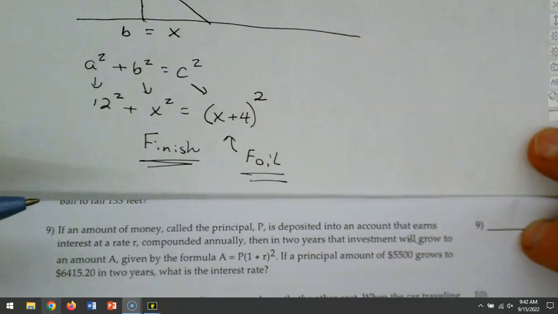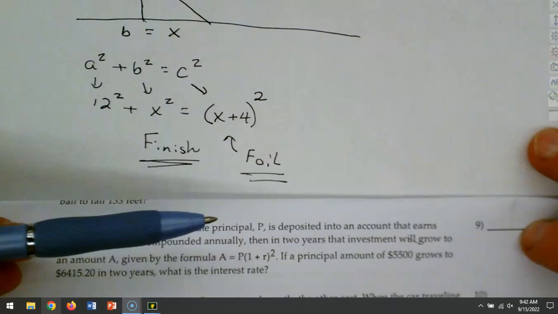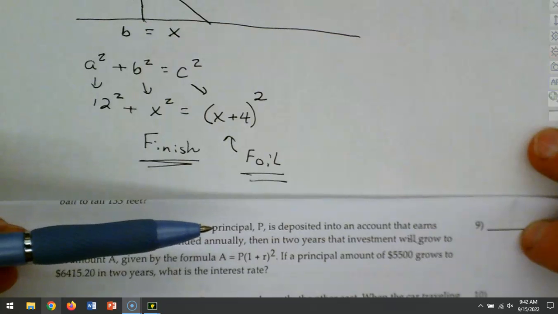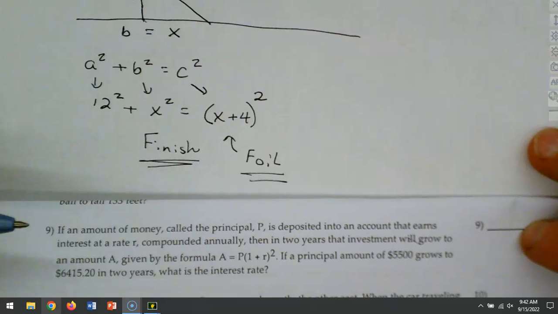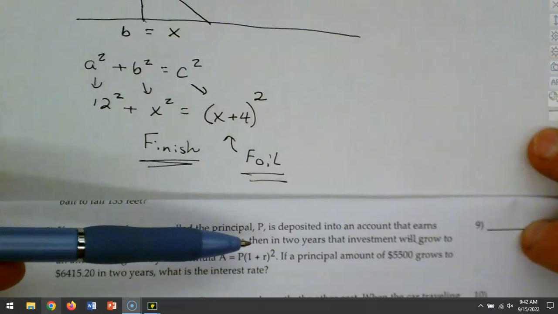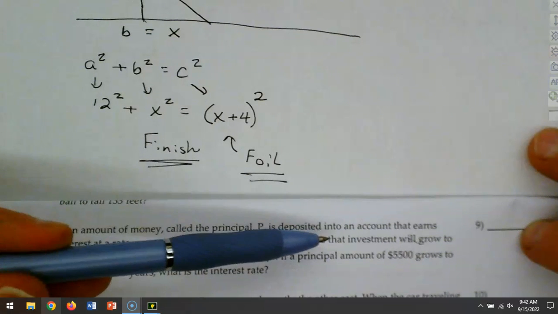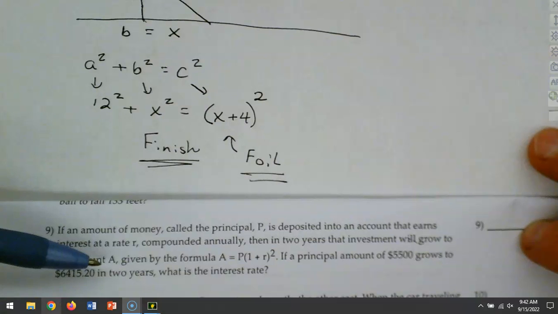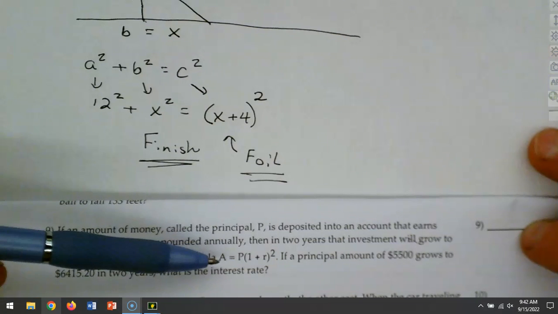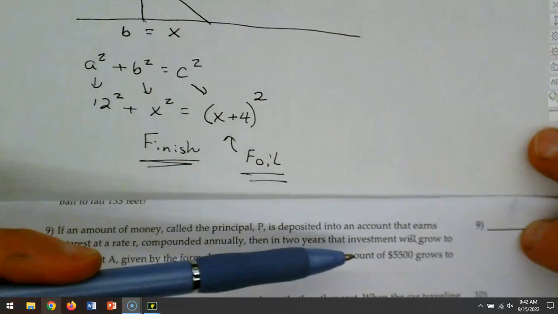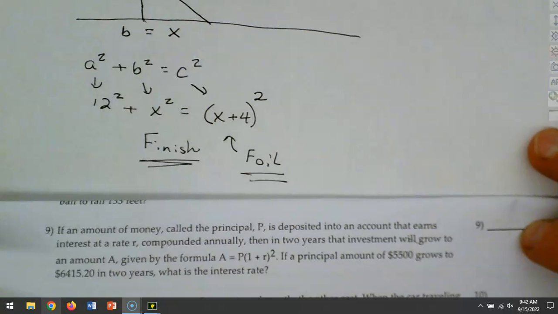So if an amount of money, called the principal P, is deposited into an account that earns an interest rate, R, compounded annually, then in 2 years, that investment will grow to amount A. And they give you the formula. If the principal is $5,500 and it grows to $6,415.20 in 2 years, what is the interest rate?